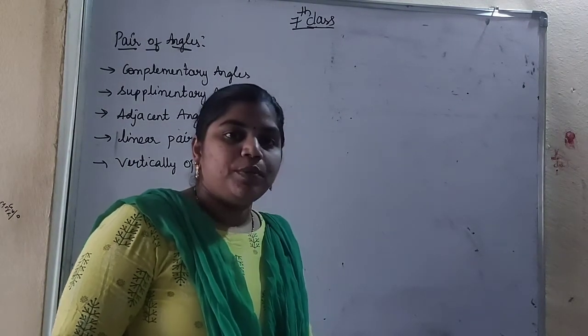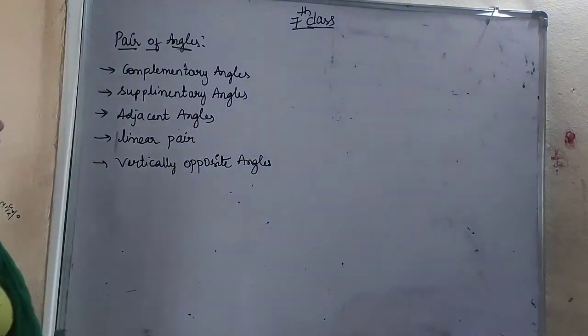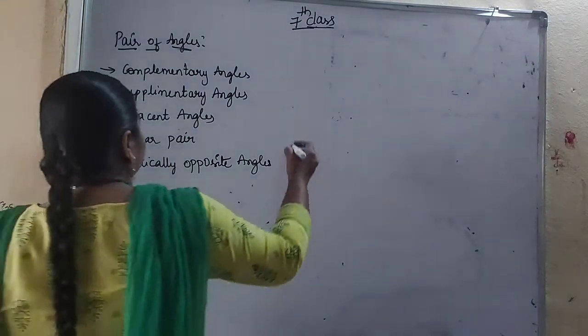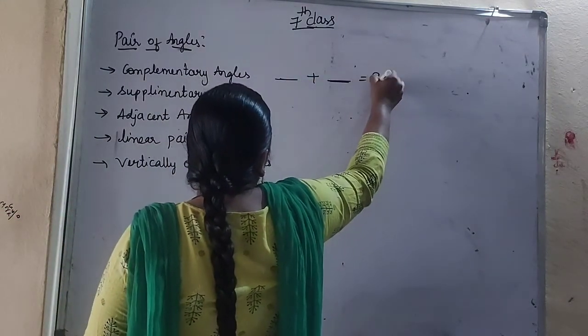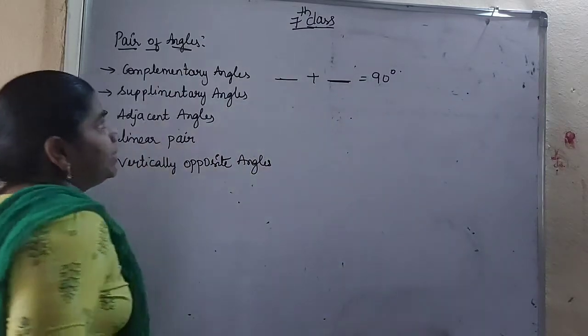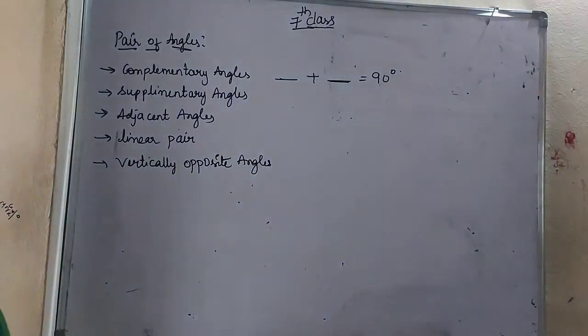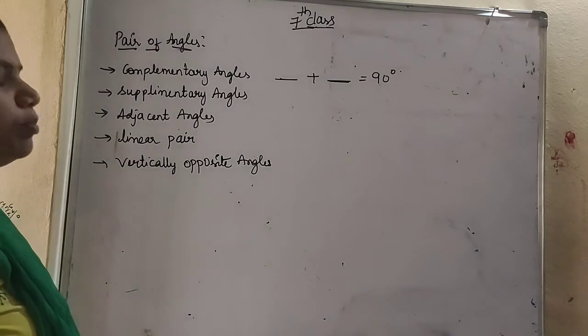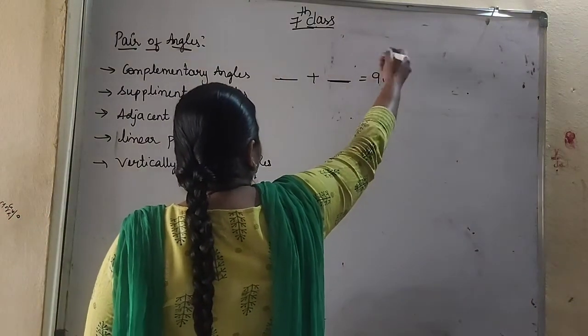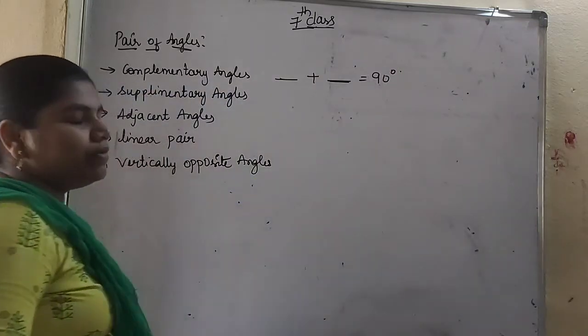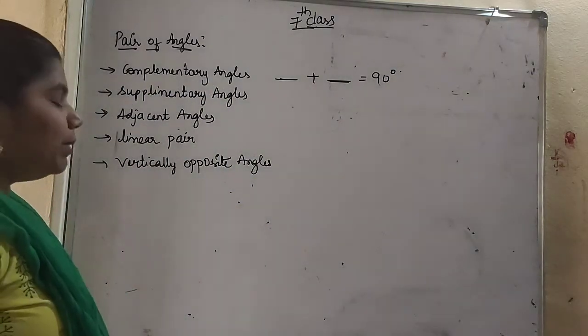So first one is complementary angles. What do you mean by complementary angles? Complementary angles are nothing but the sum of two angles should be equal to 90. That means if you are adding any two angles, the result should be equal to 90 degrees. Then only we will call the angles complementary angles.